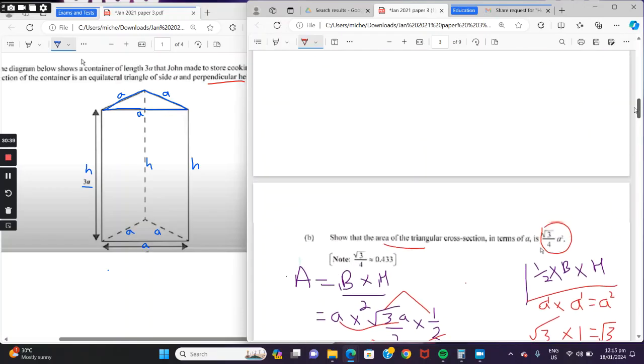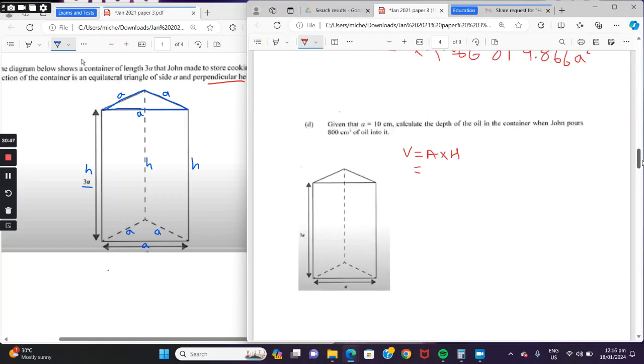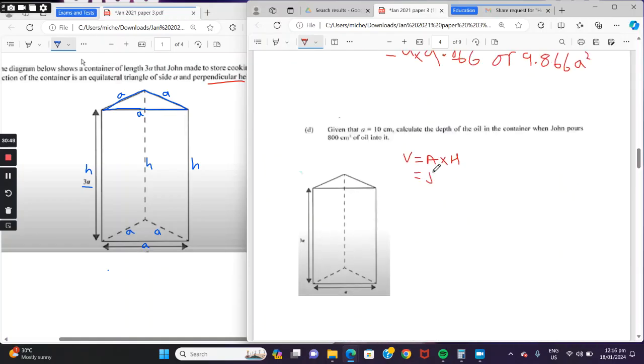You'll remember the area was this. So the area, just replace it with that over 4 multiply by L.